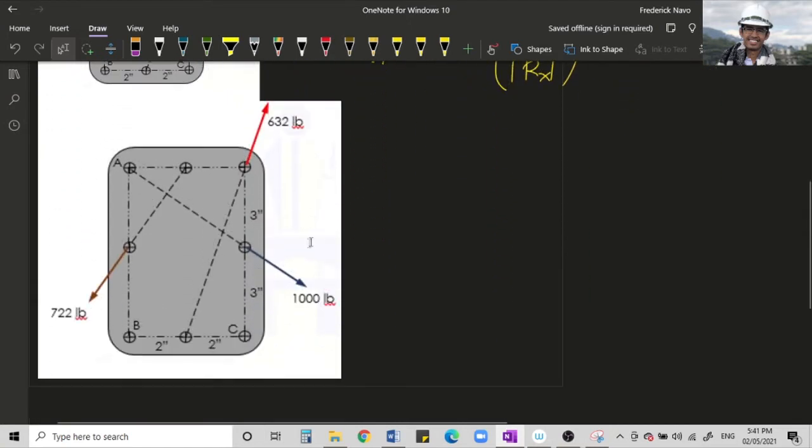So we have three forces here. And magandang kunin natin is kunin muna natin yung mga X and Y component of each three forces. And yun na yung for Rx is yung summation ng X component. Yung Ry is yung summation ng Y component.